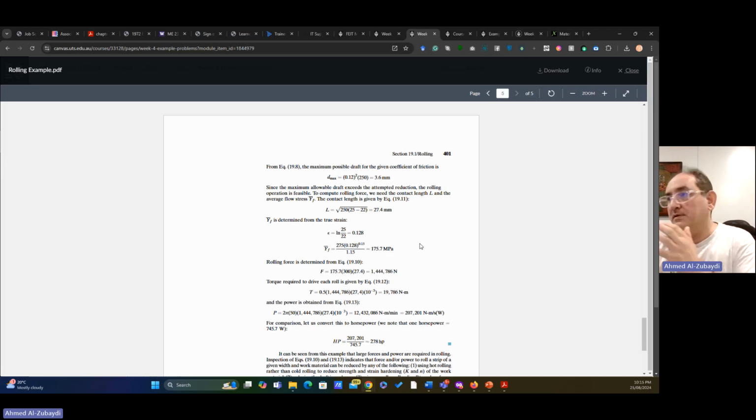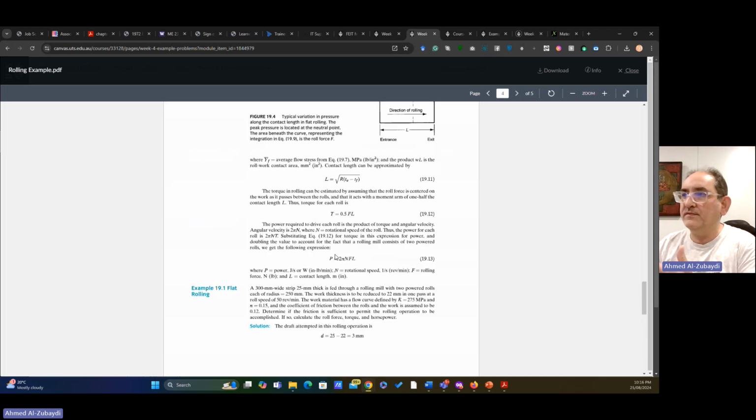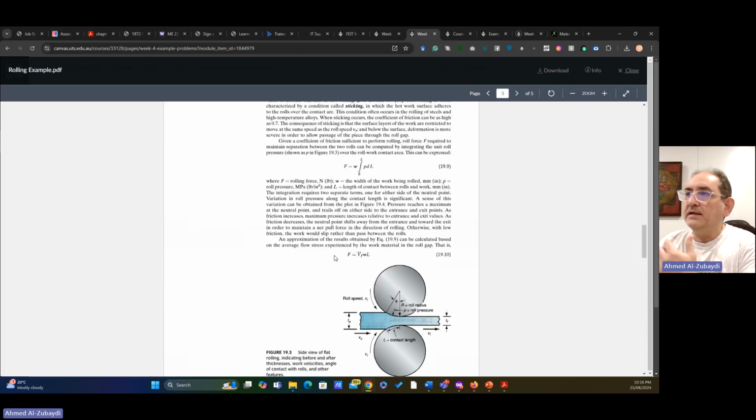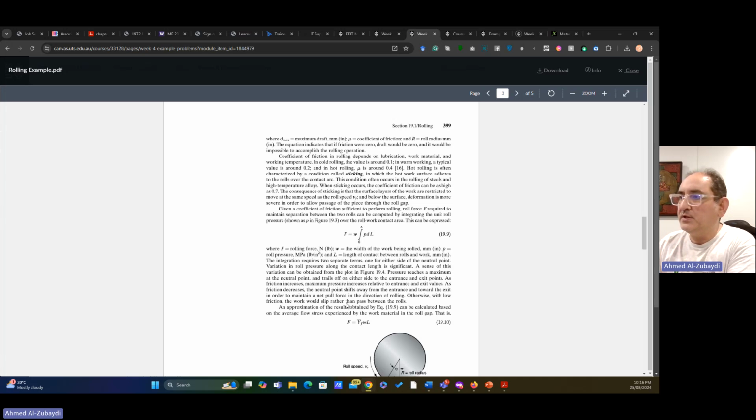In the final quiz, you are going to have one-step calculation. For example, I will ask you to find the value for the force. The force is calculated using this equation, so you need the flow stress, the width, and the length.